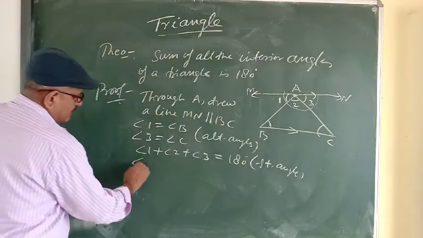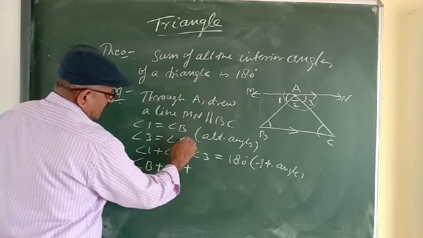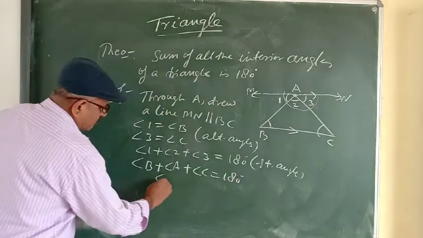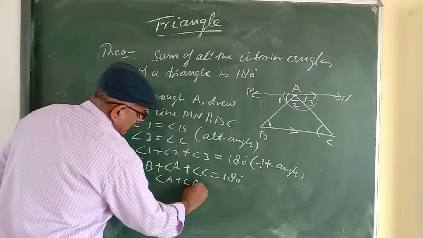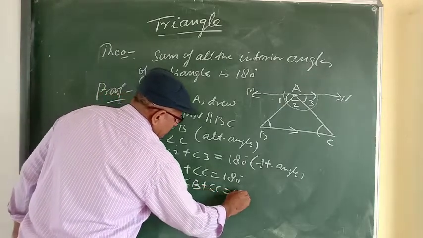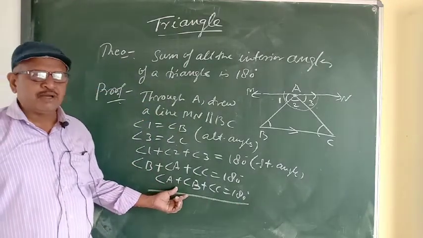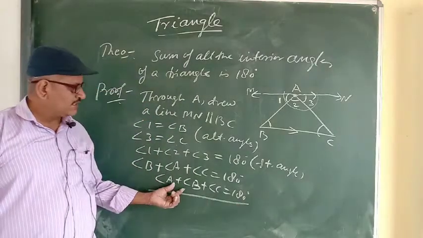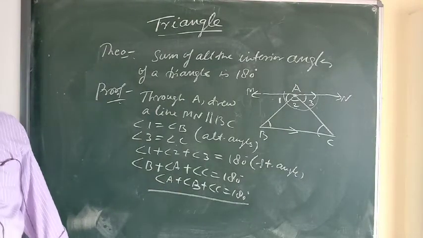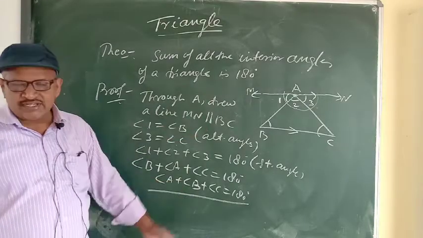Angle B. Angle 2, see the figure, is angle A. And angle 3 is equal to angle C. So we can write angle A plus angle B plus angle C is equal to 180 degrees. It is also called the angle sum property of a triangle. Angle sum property means the sum of all three interior angles is equal to 180 degrees. So in this way we can prove it.